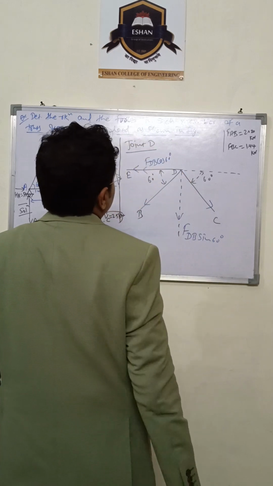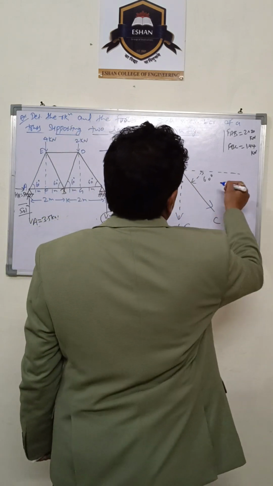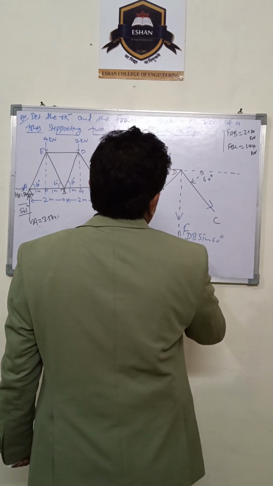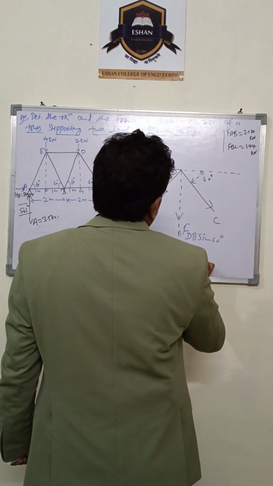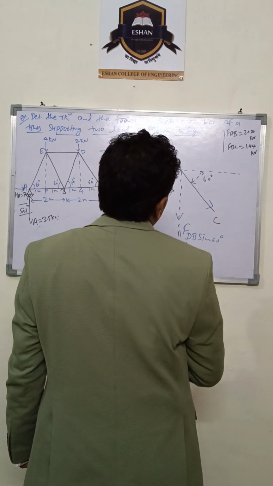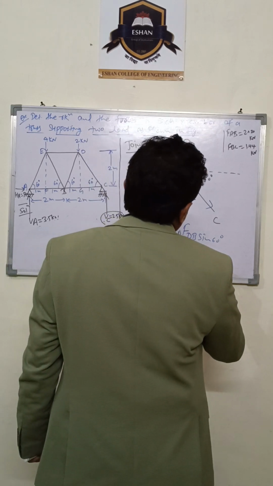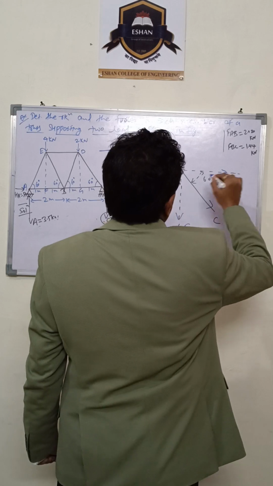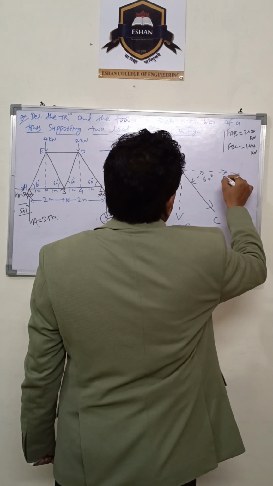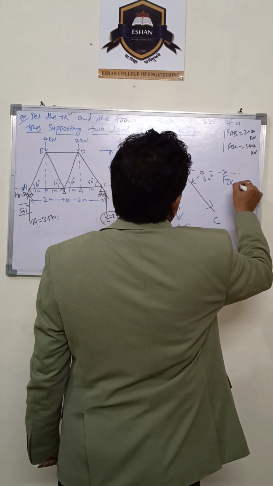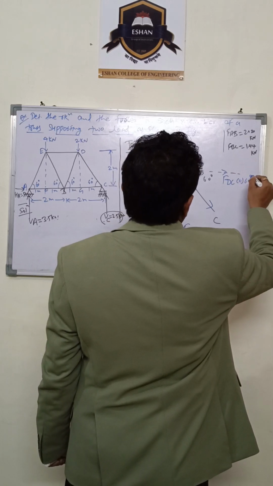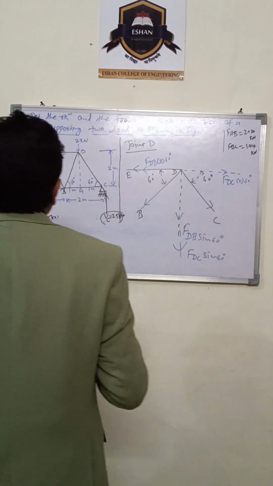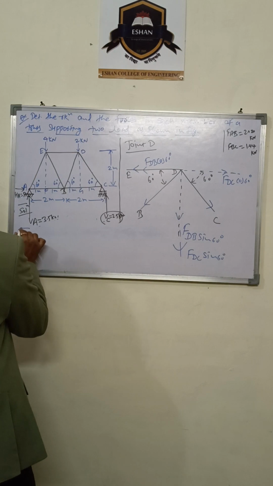Second, the member DC: DC sin 60 degree, and the horizontal component FDC cos 60 degree.